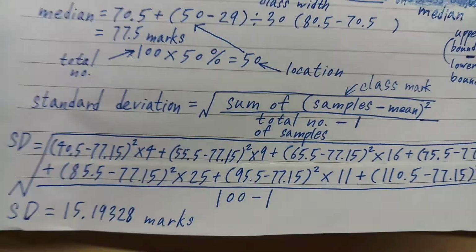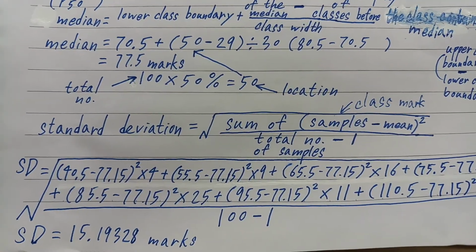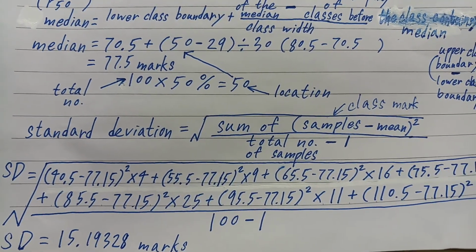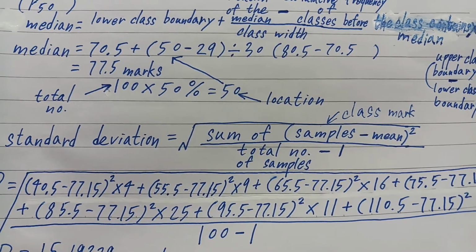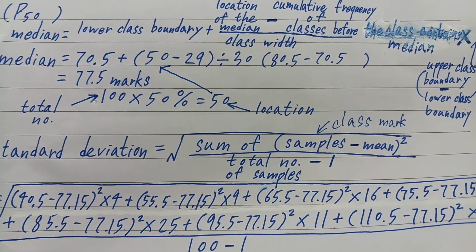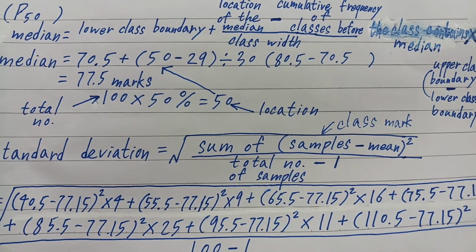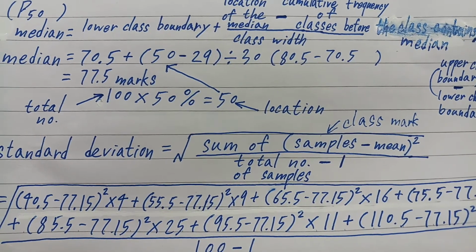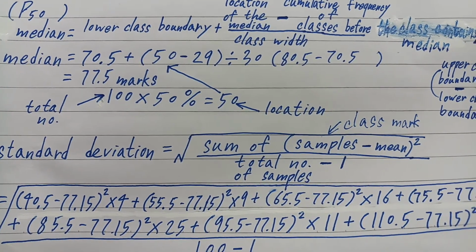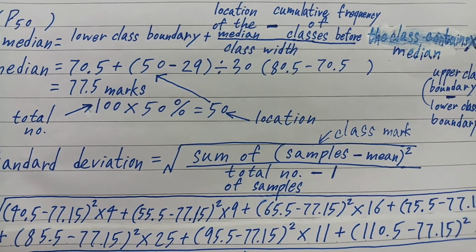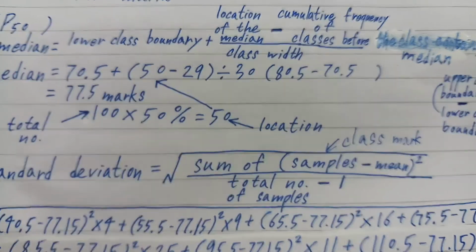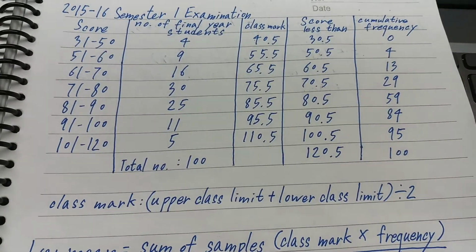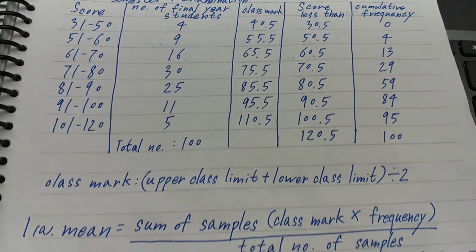And after that, it's time to calculate the standard deviation. The standard deviation consists of the square root of the sum of the squares of the samples minus the mean, and then divided by the total number of samples minus 1, where the samples are actually the class marks, which I have shown just earlier.